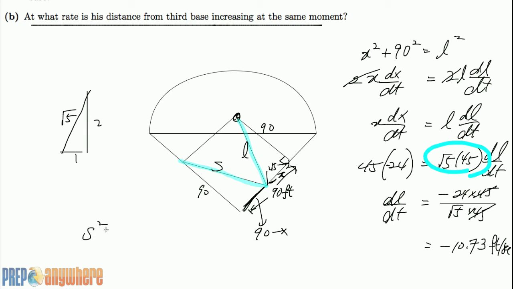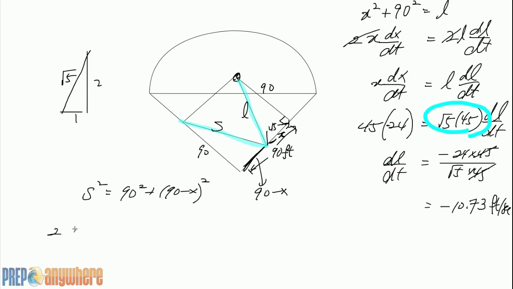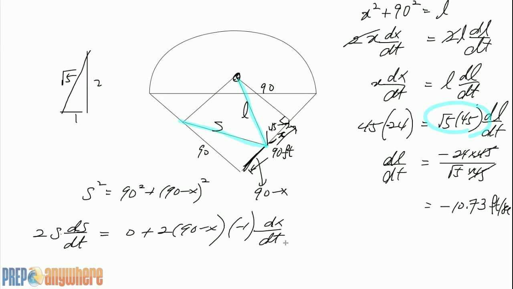So we have S squared is equal to 90 squared plus (90 minus X) squared. Let's differentiate this. 2S dS over dt equals 2 times (90 minus X), chained by the derivative of negative X, which is negative 1, times dx over dt.